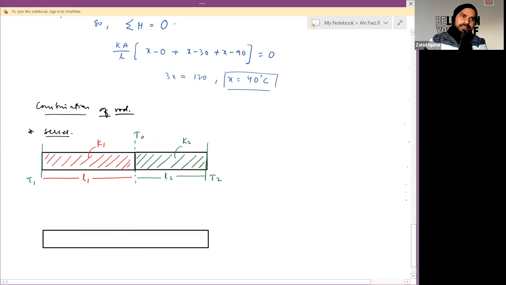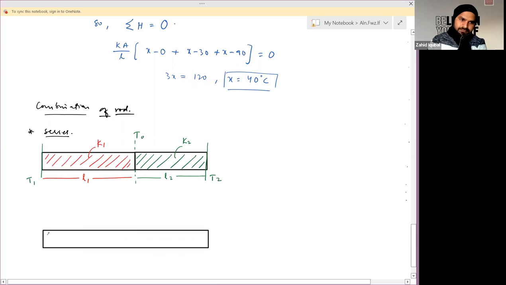Now on combining these two rods together, the equivalent becomes this: K equivalent, and total length of rod from this point to this point is L1 plus L2.